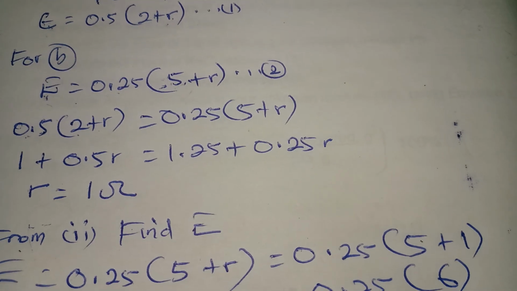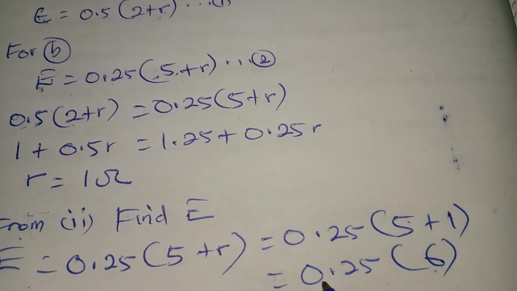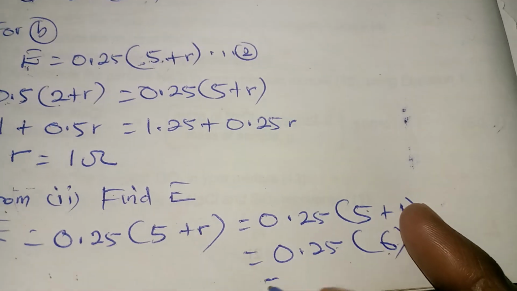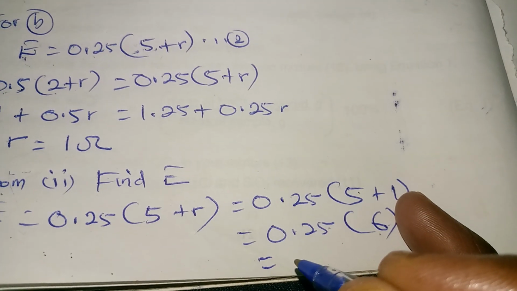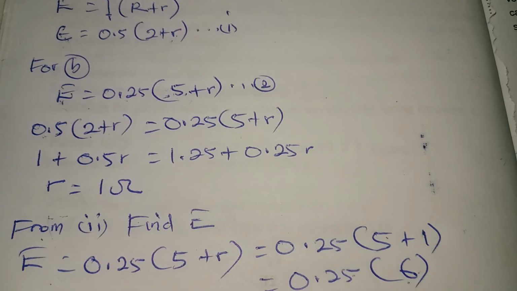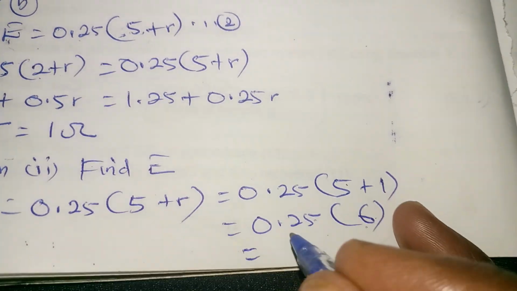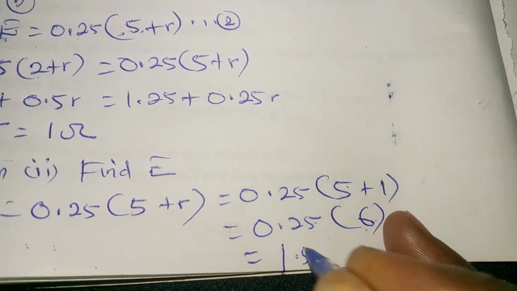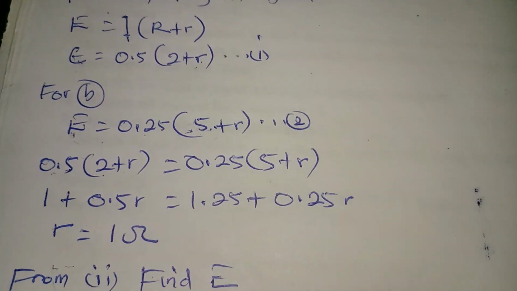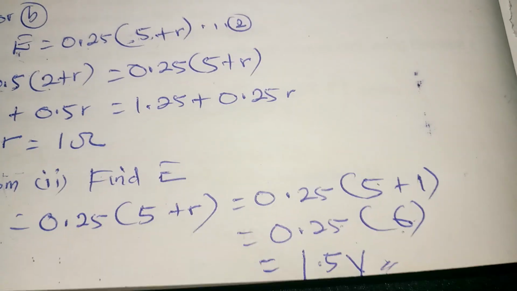If you multiply 0.25 by 6, it will give you 1.5 volts. That is the answer.